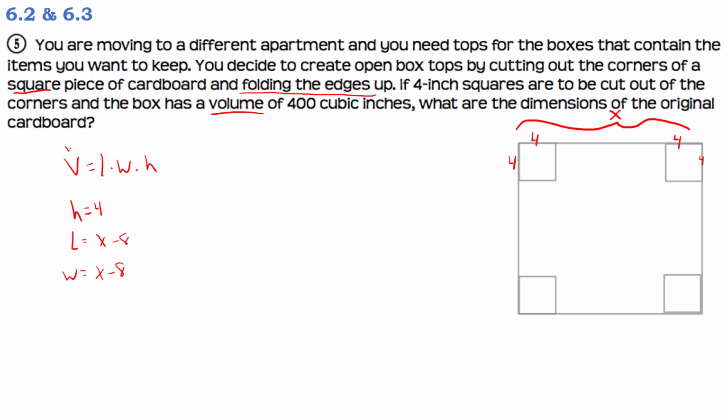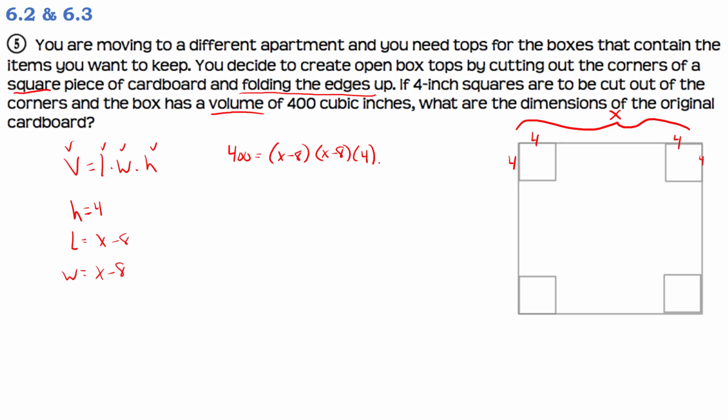So we've got our volume, our length, our width, and our height. So we can say 400 equals our length of x minus 8 times x minus 8 times 4.